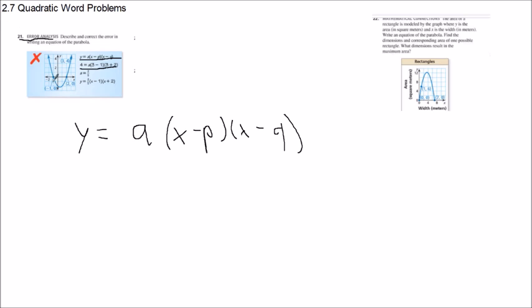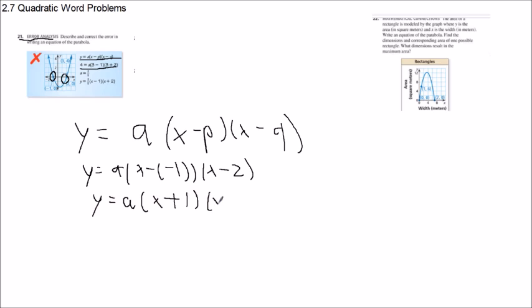We already have our two solutions. It's -1 and 2. This is minus p and minus q. So we do y equals a times x minus -1, x minus 2, which is y equals a times x plus 1, x minus 2.